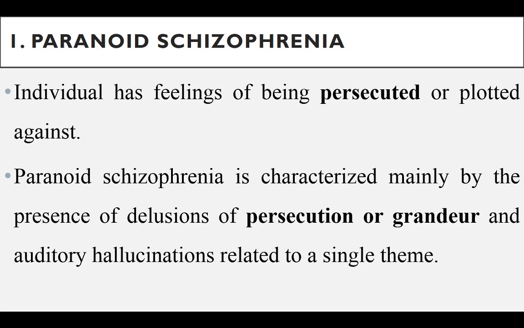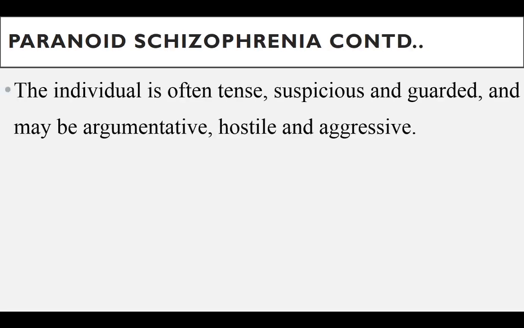So when a person has these persecutory delusions or delusions of grandeur and hallucination related to a single theme, and they are involved with paranoid feelings of being persecuted, that is paranoid schizophrenia. So what happens here? The individual will always be tense, suspicious, and guarded.